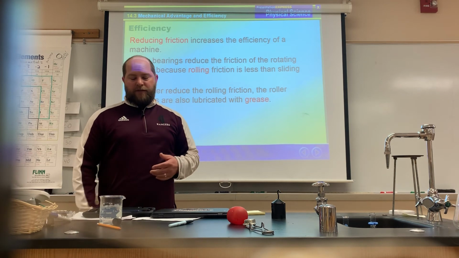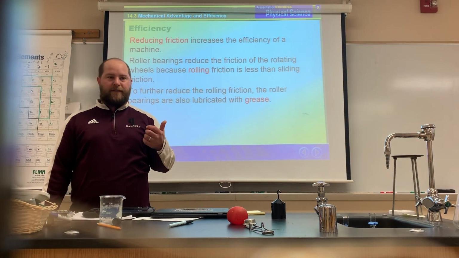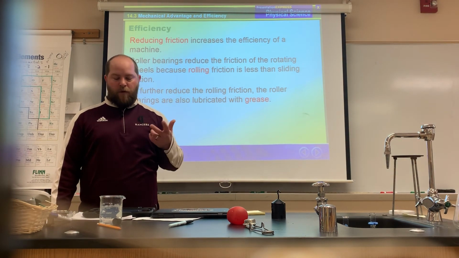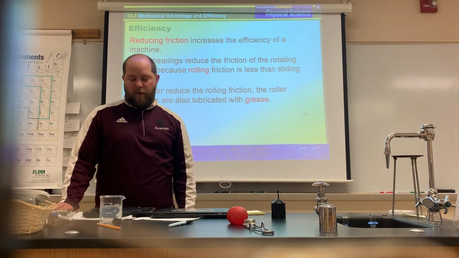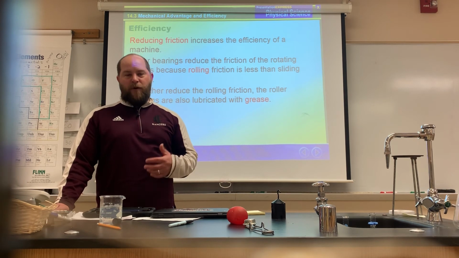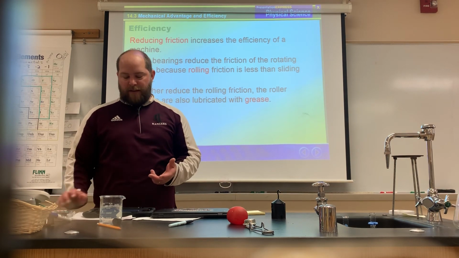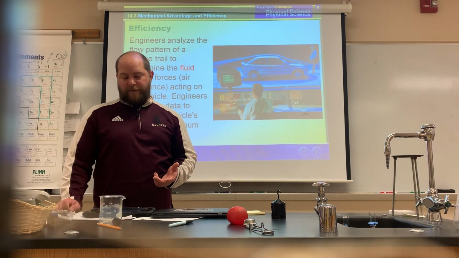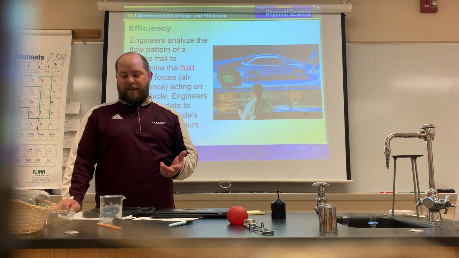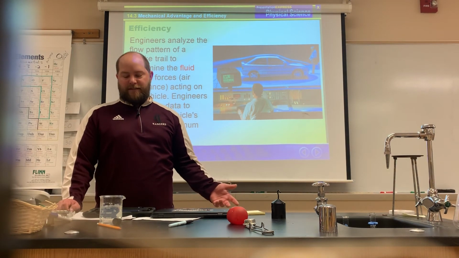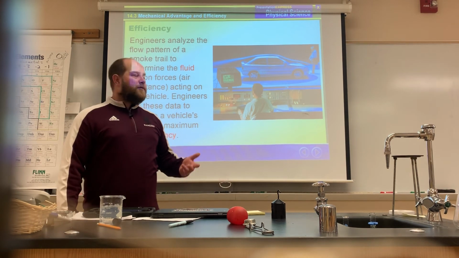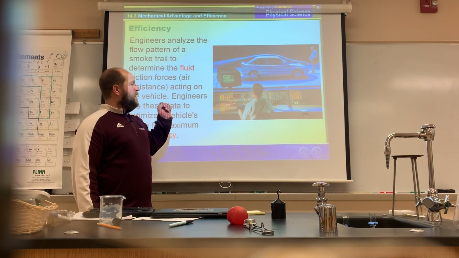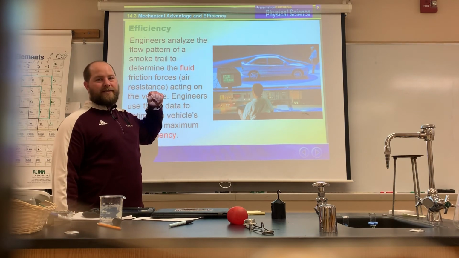So ball bearing systems, grease, oil, those types of things are put into car motors so that they're more efficient. On your roller blades, they've got ball bearings on them. Even something as goofy as air resistance, because air resistance technically is friction. So if you're going to be an engineer, this is something you would have to consider.